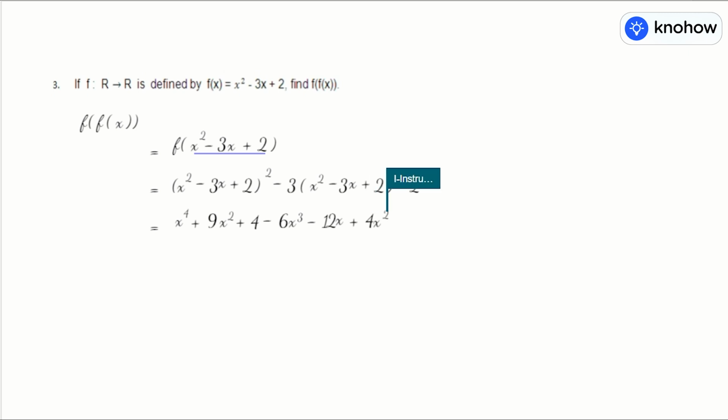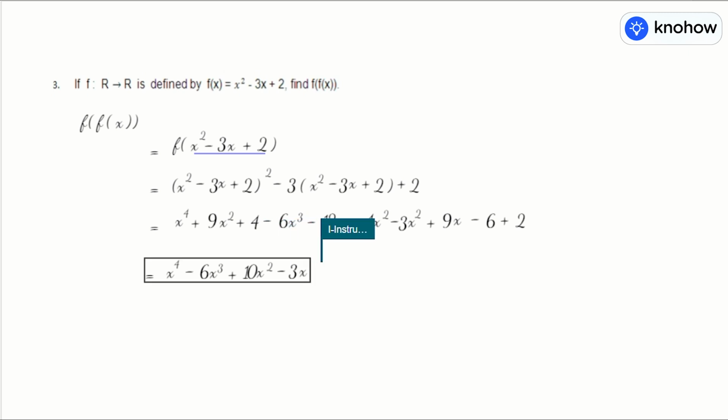Multiplying by negative 3, you get negative 3x square plus 9x minus 6, and plus 2. You add all the like terms, you get x to the 4 minus 6x cube plus 10x square minus 3x. That is the required answer.